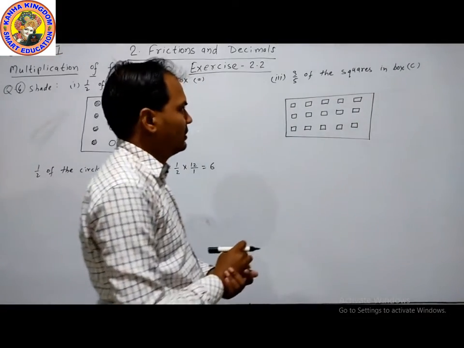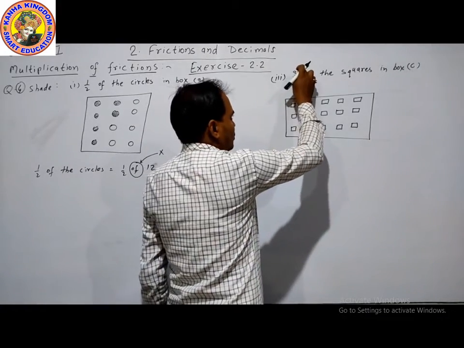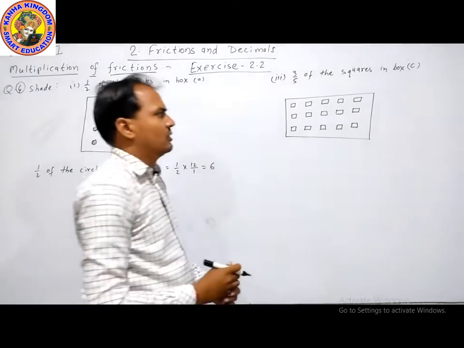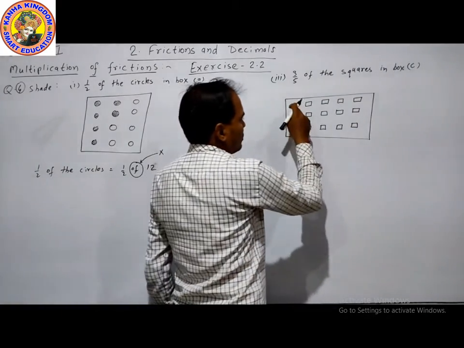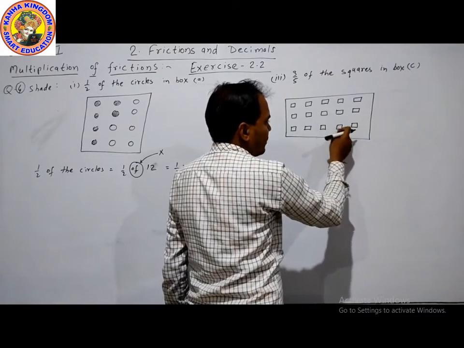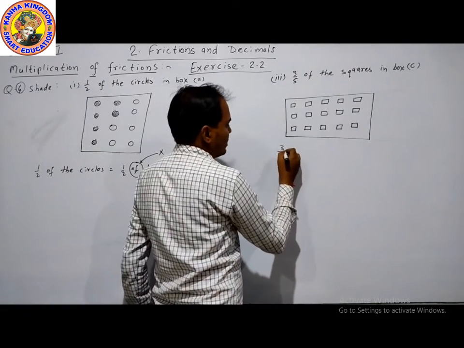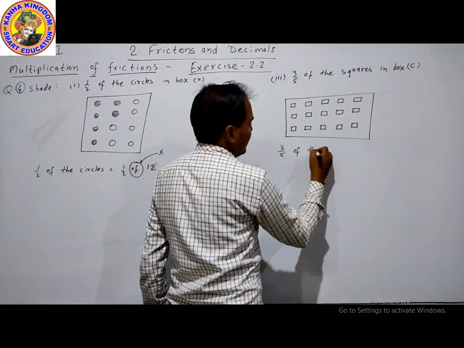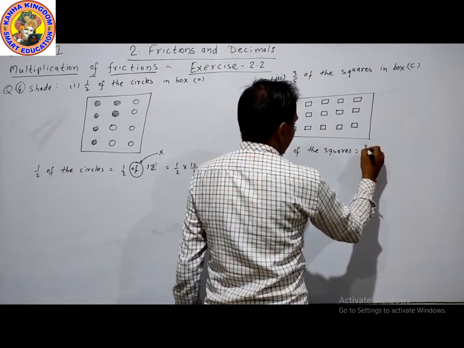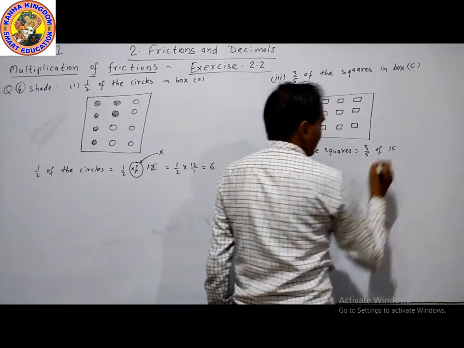Now in our next question, 3 by 5 of the squares in the box. Total squares: 1, 2, 3, 4, 5, 6, 7, 8, 9, 10, 11, 12, 13, 14, 15. Total 15 squares. So the question is 3 by 5 of the squares, equal to 3 by 5 of total squares. Total squares is 15.